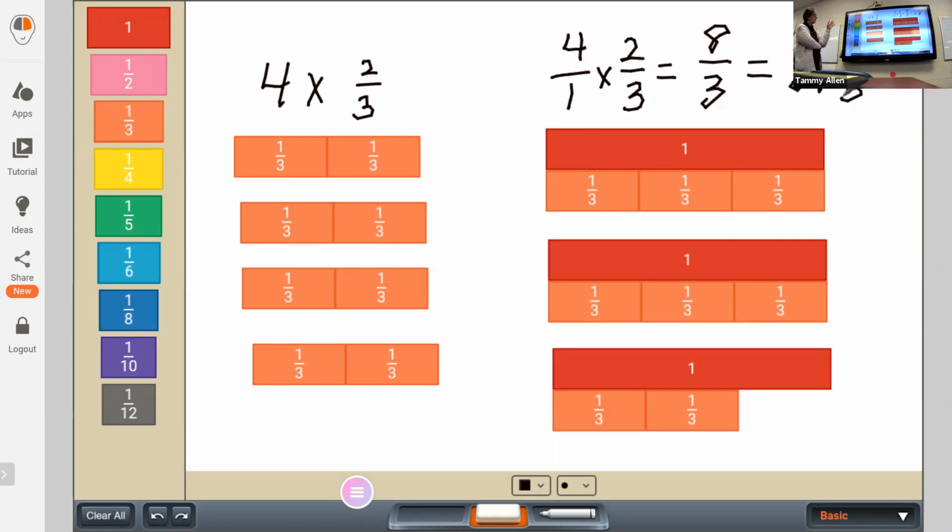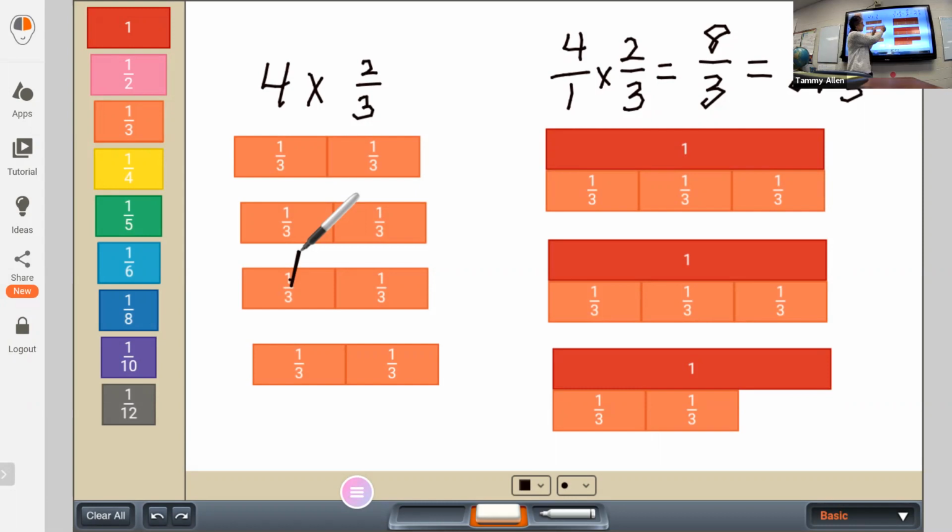So we're multiplying a whole number by a fraction. Every time it reached a whole amount, our thirds started a whole other whole amount, right? A third plus a third plus a third plus a third, it just keeps going. 2/3 plus 2/3 plus 2/3 plus 2/3, it keeps increasing. 4 groups of 2/3 means that 4 times we added 2/3 together.